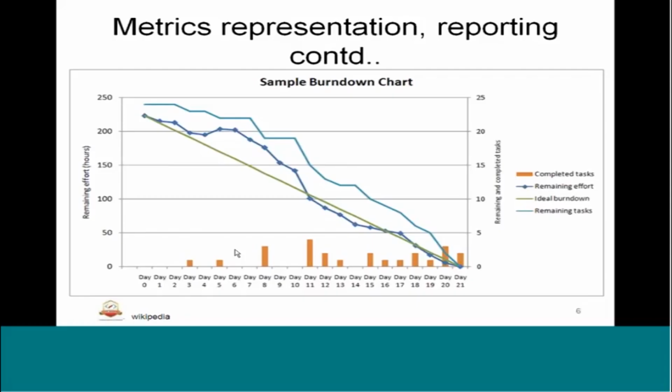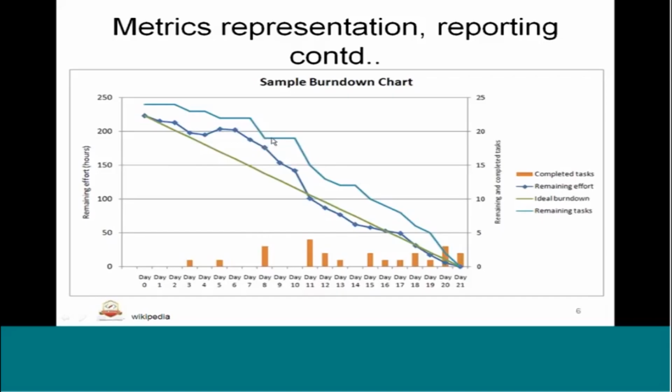So this is how we are going to develop the burn down chart, and you see an example. On day 8 we have completed about how many? If I draw on the right hand side, 1, 2, 3, so about 3 tasks, plus we already completed one task on day 5 and one task on day 3, so 3 plus 4 plus 5, which means about 5 tasks have been completed by day 8.